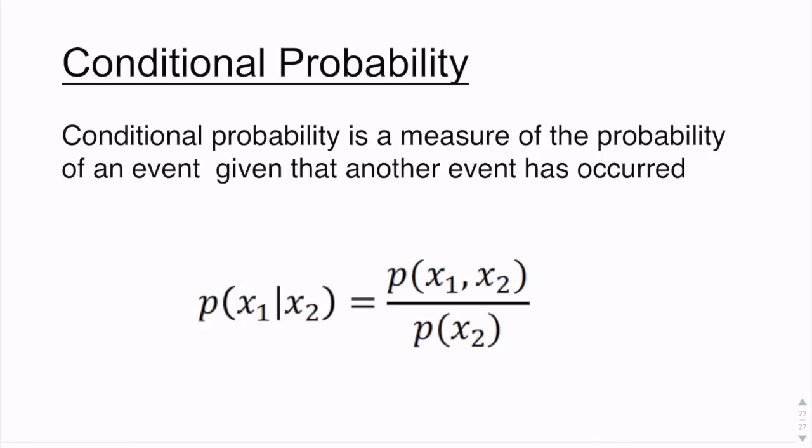Already occurred. So for instance, again, if I say P of x1, the probability that a student checks Facebook 10 times, given that I know he checks Instagram 1,000 times, because you know this is deterministic, now x2 is given, then you can compute it.